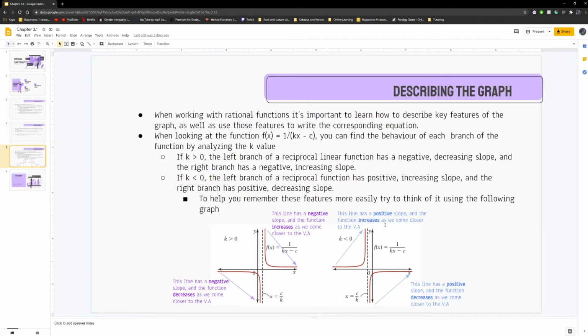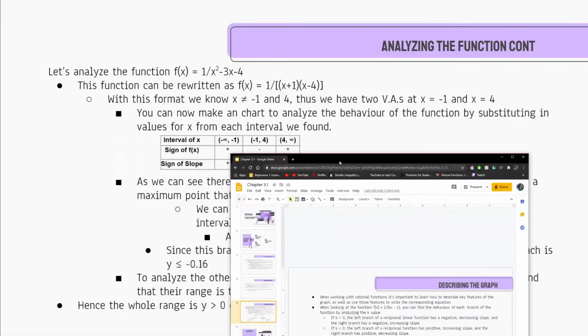In our case, we have 3 branches, actually, as we have 3 different intervals. For the first branch, it will look something like this. You could, of course, plug in your values and see that they are increasing.